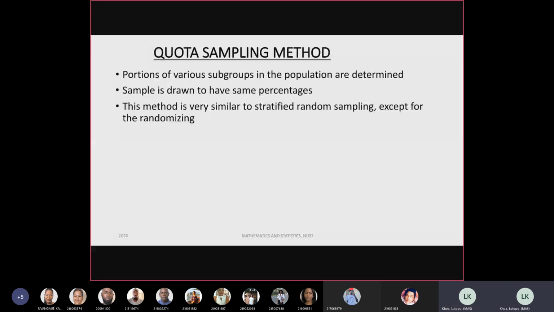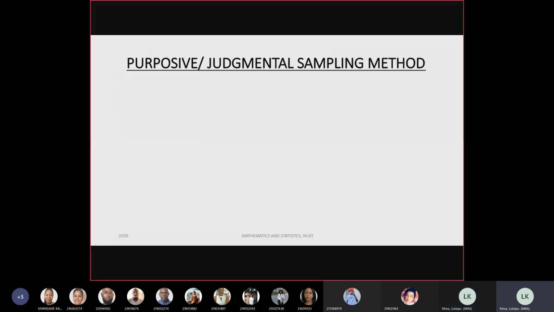But with stratified, there's randomizing that is involved, but with quota sampling, it doesn't matter. As long as I get 62 females and 38 males, I can say that my proportions inside my sample are the same as that in the population. So that's pretty much all I care about.